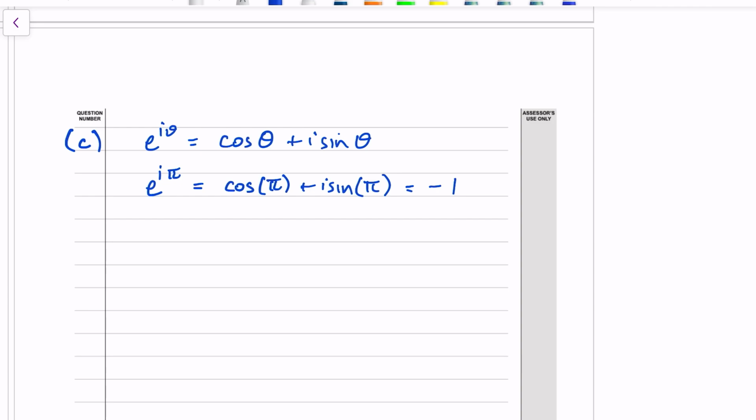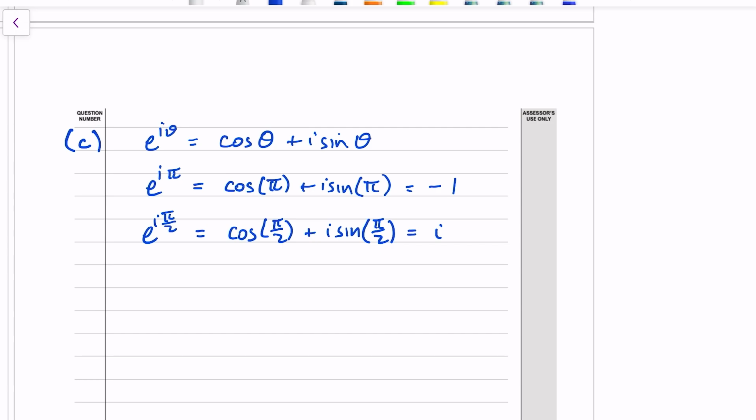But we don't actually want this one. We want e to the i pi over 2. That's the first sneaky bit to notice: if you sub theta equals pi over 2 into it, cosine pi over 2 is 0, and sine of pi over 2 is 1, so you get i out of it.